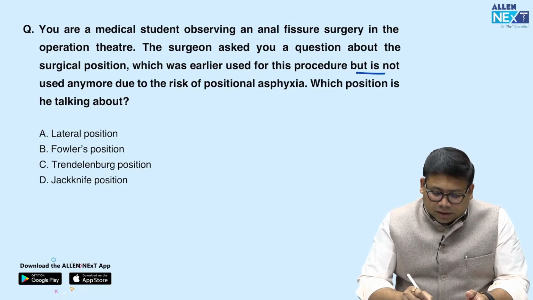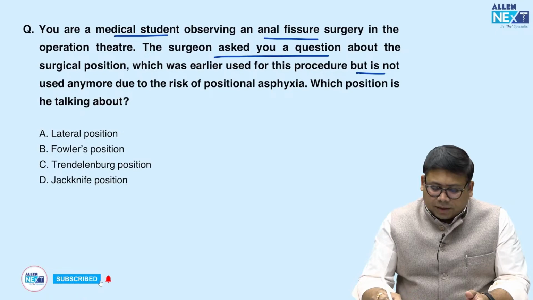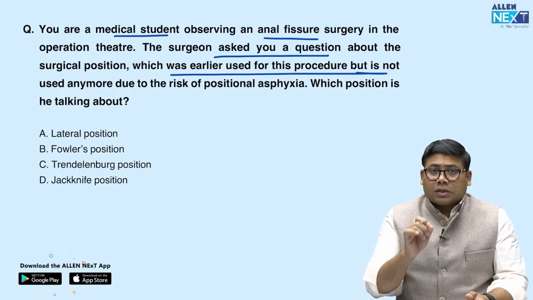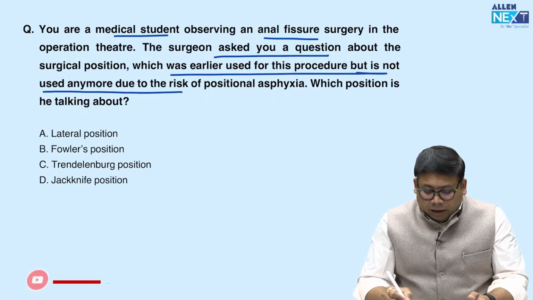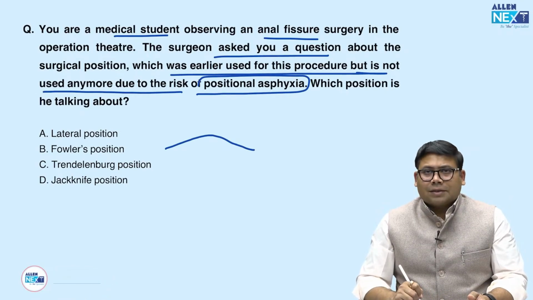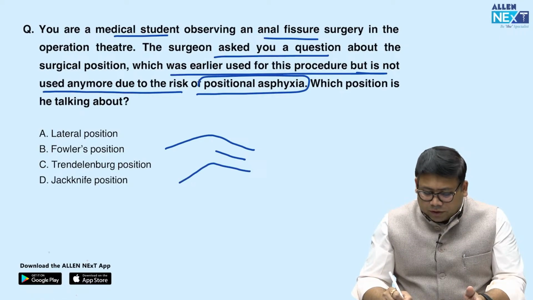The next question: being a medical student, you observe an anal fissure and the patient is taken for surgery. Which of the following surgical positions was used earlier and is now avoided? Why? Because of positional asphyxia. What is this classical position? This is the prone jackknife position.